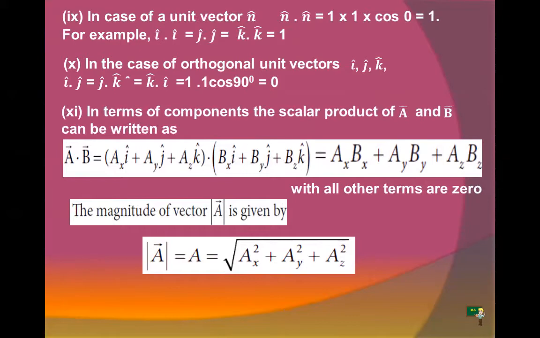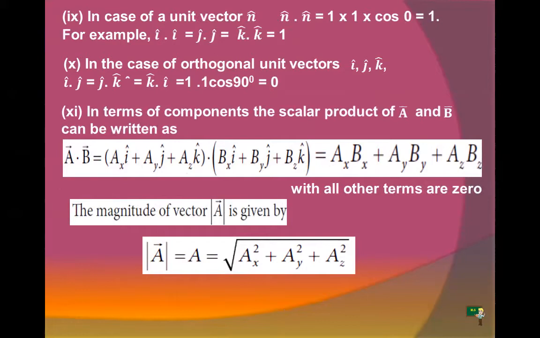The 11th one, in terms of components, the scalar product of a vector and b vector can be written as a vector dot b vector is equal to (AX i cap plus AY j cap plus AZ k cap) into (BX i cap plus BY j cap plus BZ k cap), which is equal to AX BX plus AY BY plus AZ BZ, with all other terms being 0.